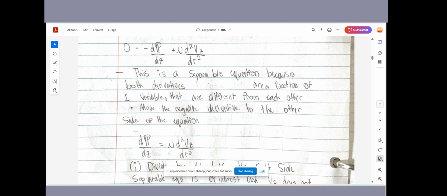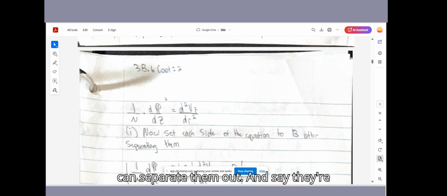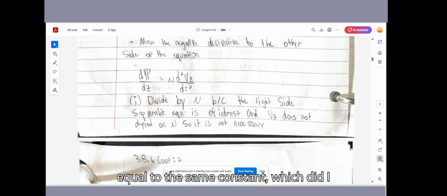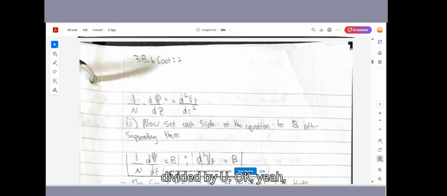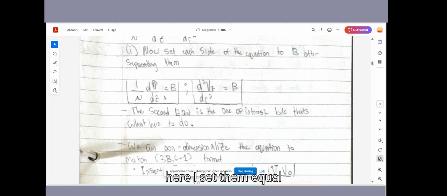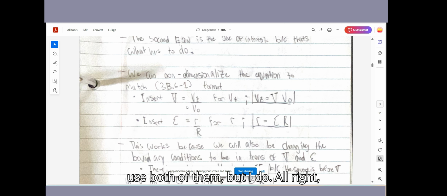Did I do that? I divided by mu. Okay, yeah. Here I set them equal to the same constant. I actually do use both of these equations. At first I thought I wasn't going to need both of them, but I do.